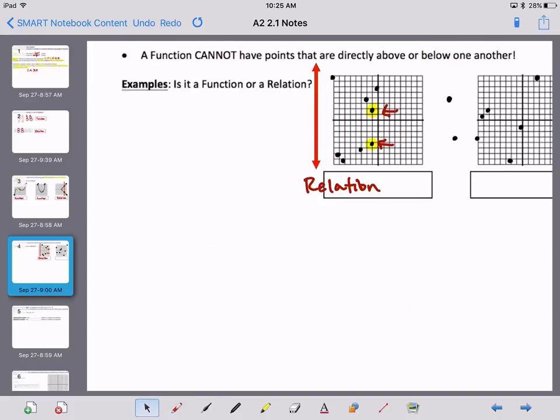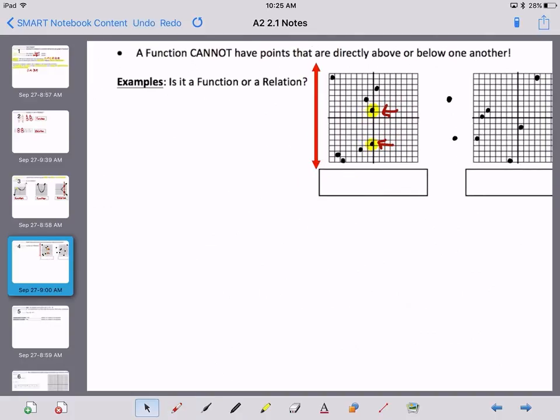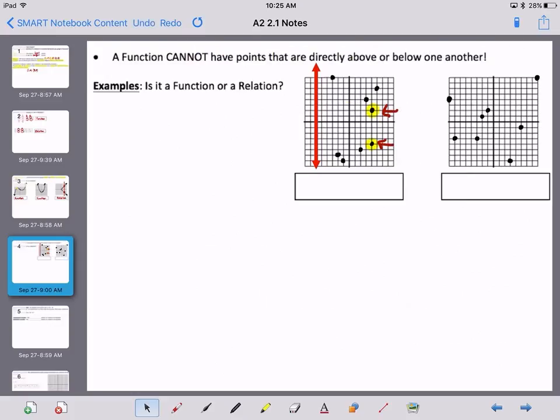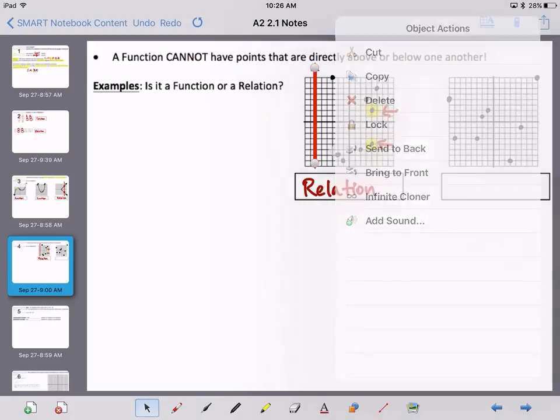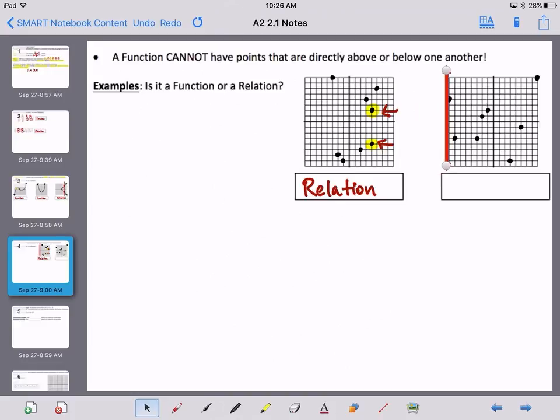So let's go ahead and try it on our second graph. That was a relation because it did not pass the vertical line test. So now let's take our vertical line and pass it through our second graph here.